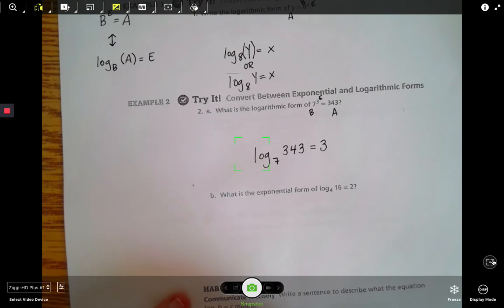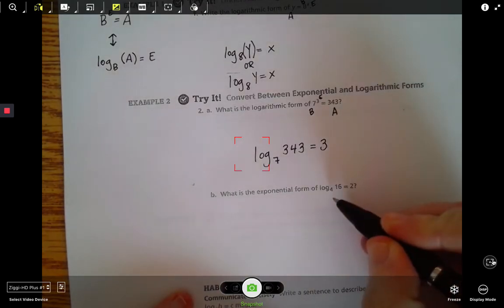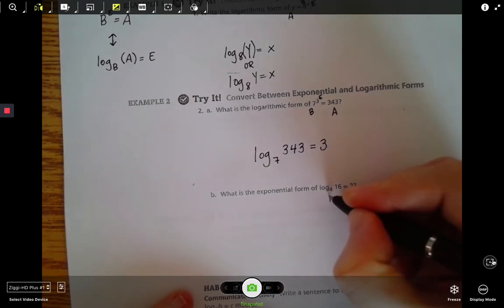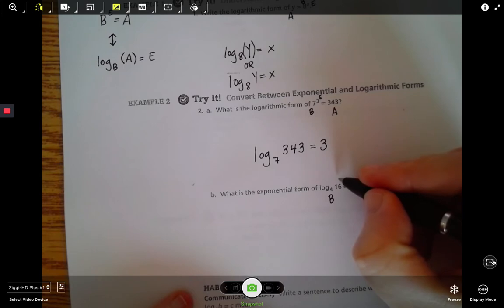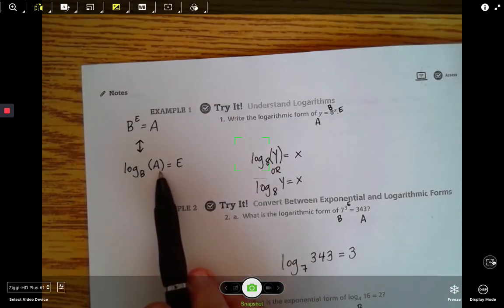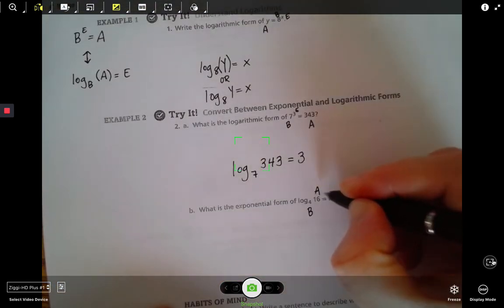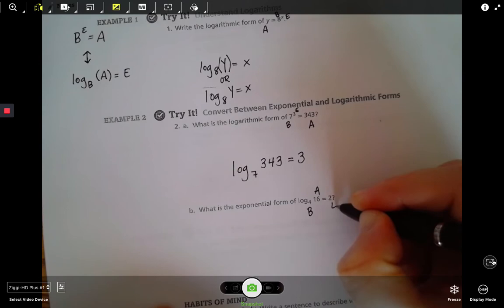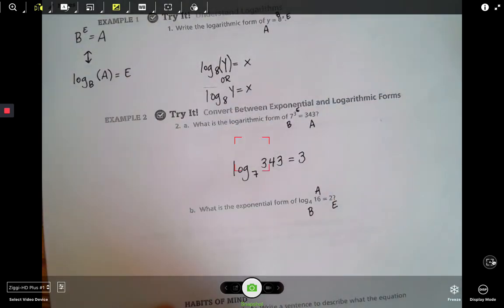All right, now we are in logarithm form and we want to go to exponential form. So 4, which letter is that? B, E, or A? B. 16 is A. And 2 has to be E. Oh, this is the reverse. Yep, the reverse.